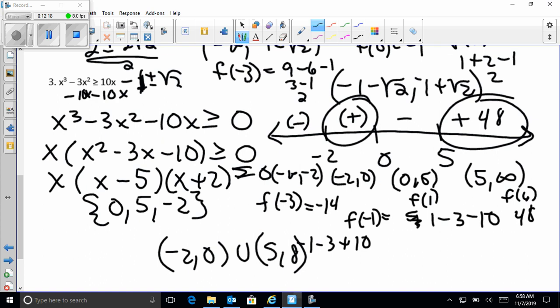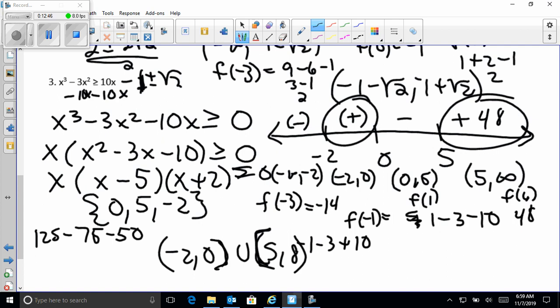Are any of these going to be equal to 0? So if I plug in a 5, I get 125 minus 75 minus 50. You can see that's going to be 0. If I try 0, yeah, 0 is going to be 0.